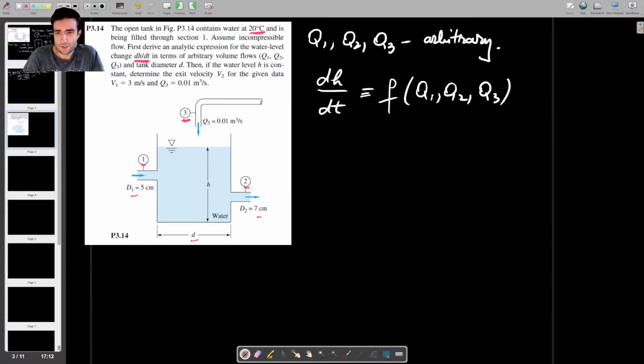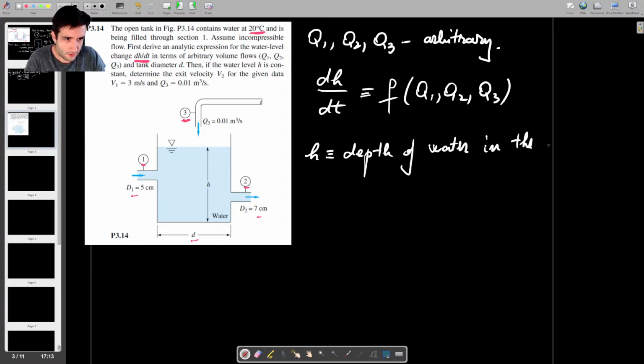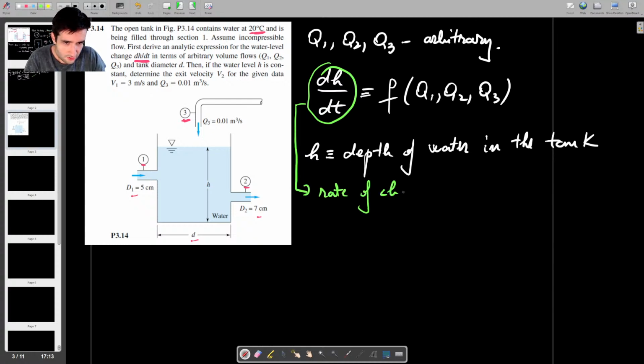Okay, so let's try to understand what dH by dt actually is. Clearly H is the height of the water level in the tank. So H is the, I'm going to call it, the depth of water in the tank, and therefore dH by dt is the rate of change of H. Rate of change is the same as the first derivative, right?